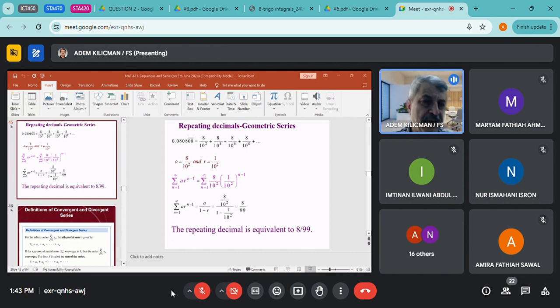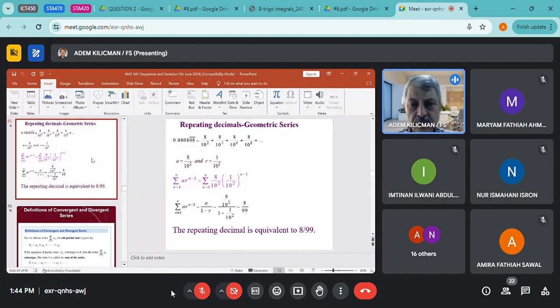So you generate the next one by multiplication of 1 over 10 to the power 2. Therefore, first term is 8 over 10, and the common ratio is 1 over 10 to the power 2, or 100. Then therefore, it is again convergent, so it is equivalent to 8 over 99.